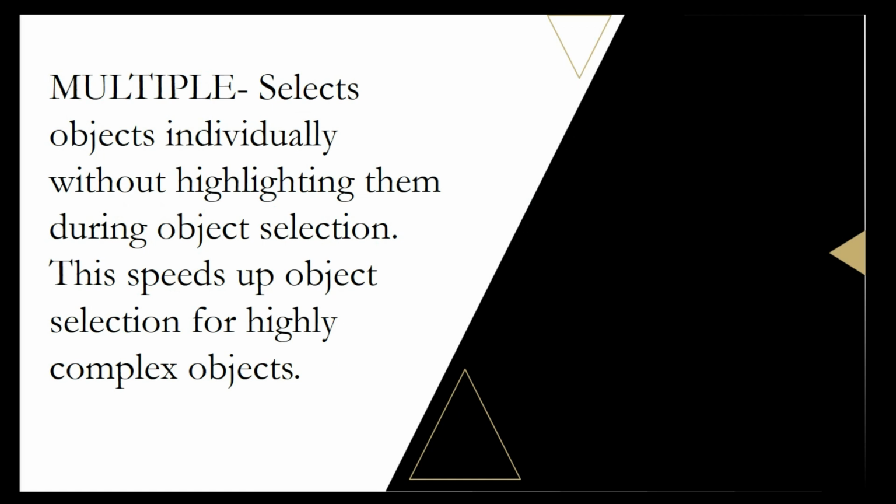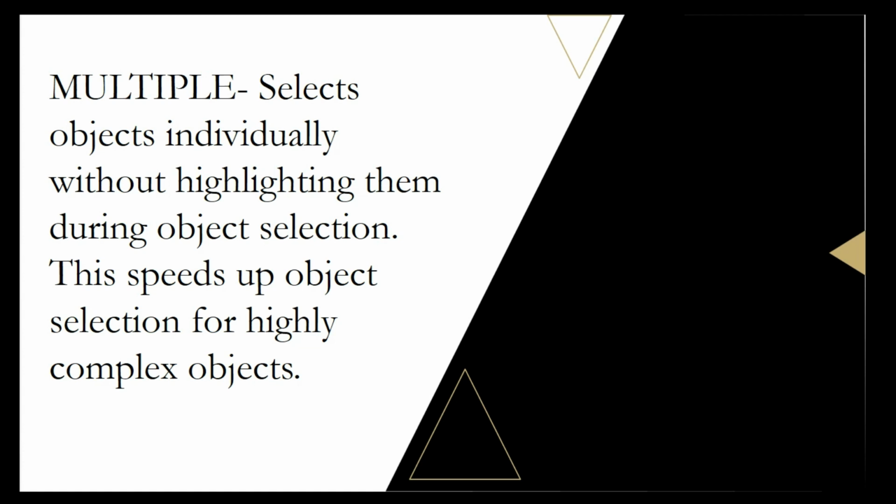Okay, multiple. Select objects individually without highlighting them during the object selection. Ano ba ibig sabihin ng highlighting? Ibig sabihin, pag hina-highlight natin, katulad ng window saka crossing, magkakaroon tayo ng box tapos hina-highlight natin, no?